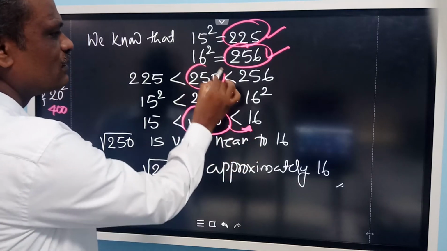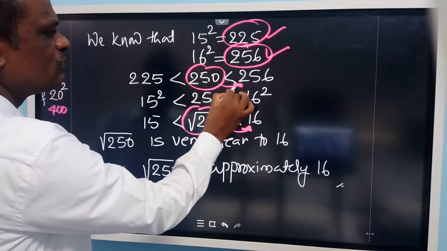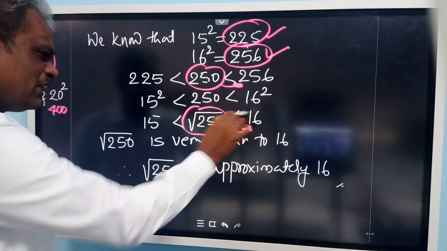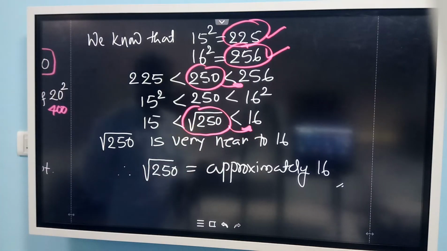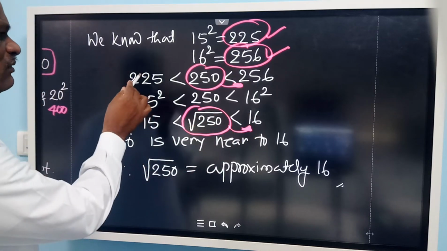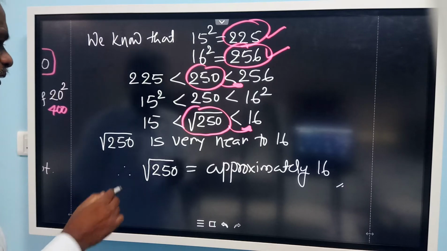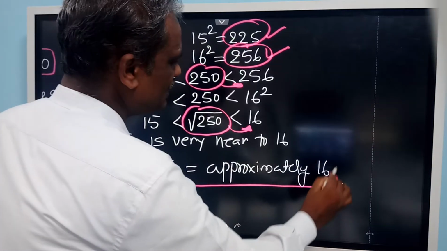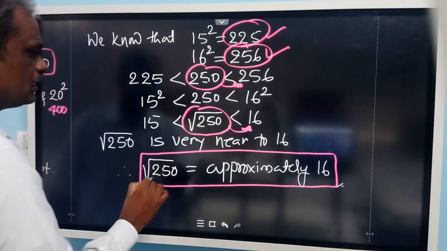Look at this one. 250 is very close to 256. Therefore, square root of 250 is very close to 16 only, not to 15, because it is very far from 225. Therefore, you can write square root of 250 is approximately 16.